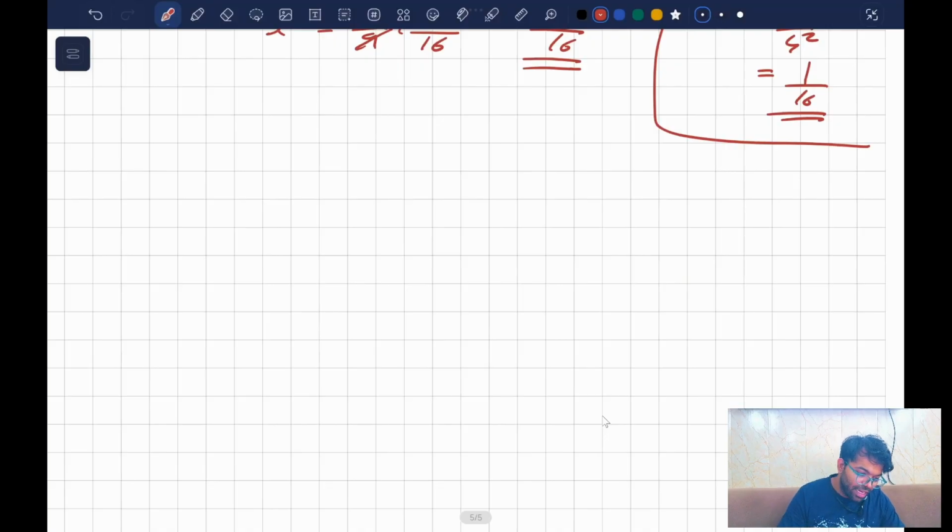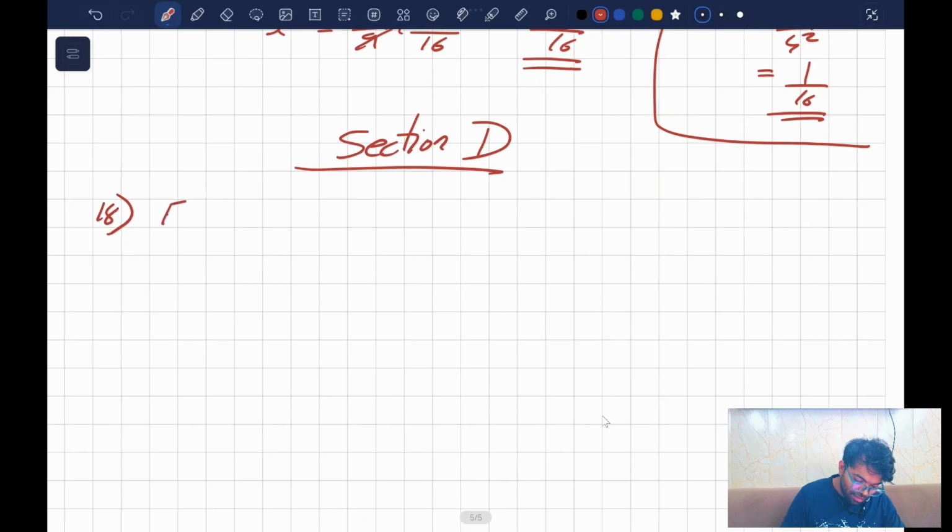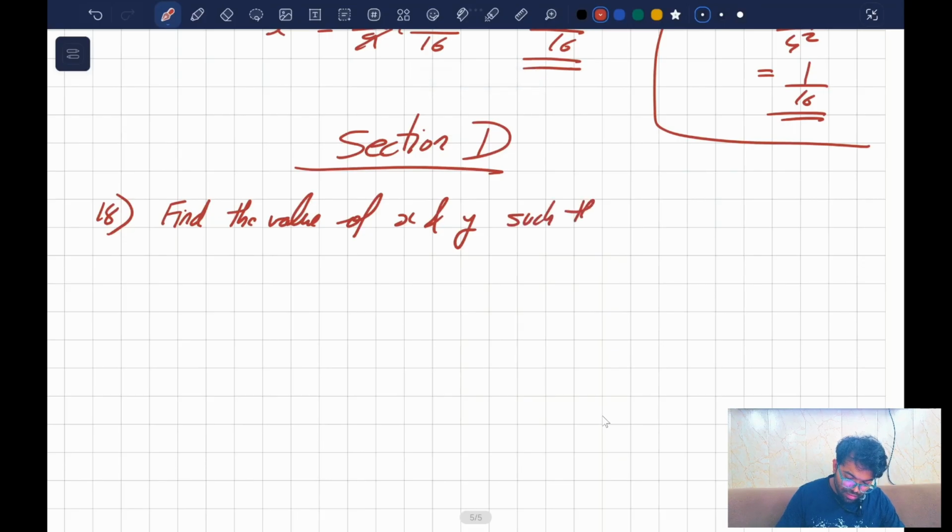Next, question 18, Section D. Find the value of x and y such that 5 to the power of x is equal to 125 and 7 to the power of y is equal to 1 upon 343.